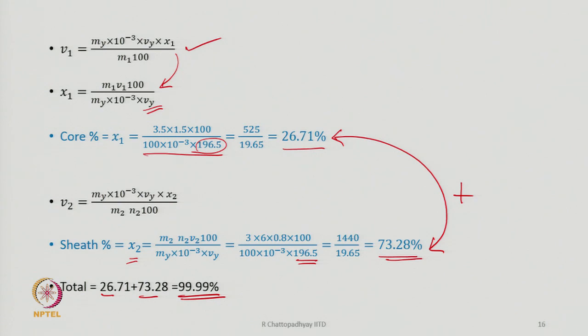So, this is how we can find out what, under this condition, the core and sheath percentages would be, and how much delivery rate we have to keep on the machine, so that the machine keeps on producing that 100 tex yarn.